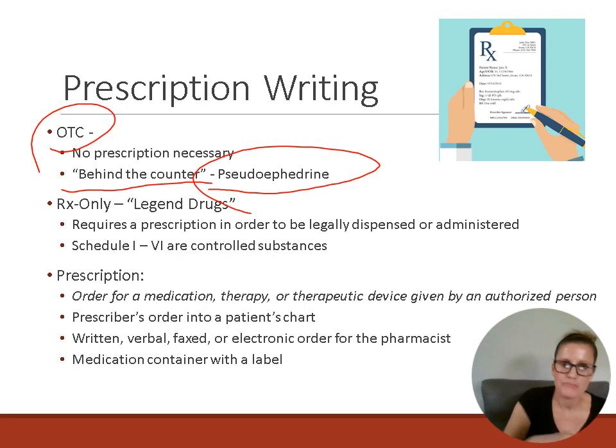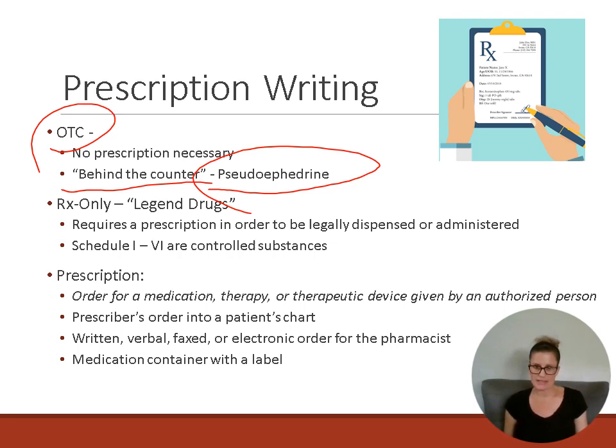Pseudoephedrine is a behind the counter drug. Pseudoephedrine is like the drug that's in Sudafed. It's a decongestant, and this used to just be available free for all, about 15 years ago. But pseudoephedrine is used to make methamphetamine.